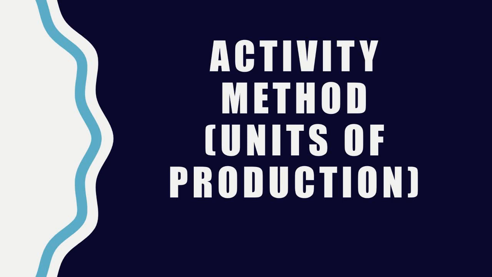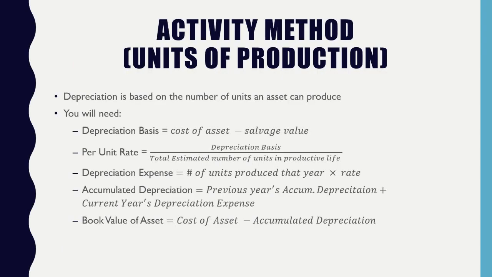All right, let's take a look at our first one: activity-based, also known as units of production. Whether you're going to a major company or a smaller company, these are interchangeable. Under a corporation, you're going to learn it as activity-based. Under smaller companies, you can also learn it as units of production. These are the formulas we'll be dealing with.